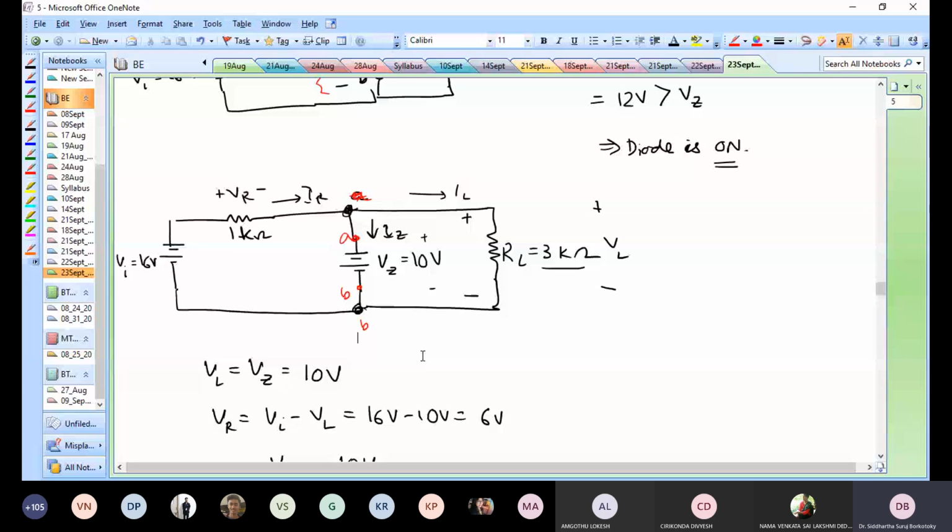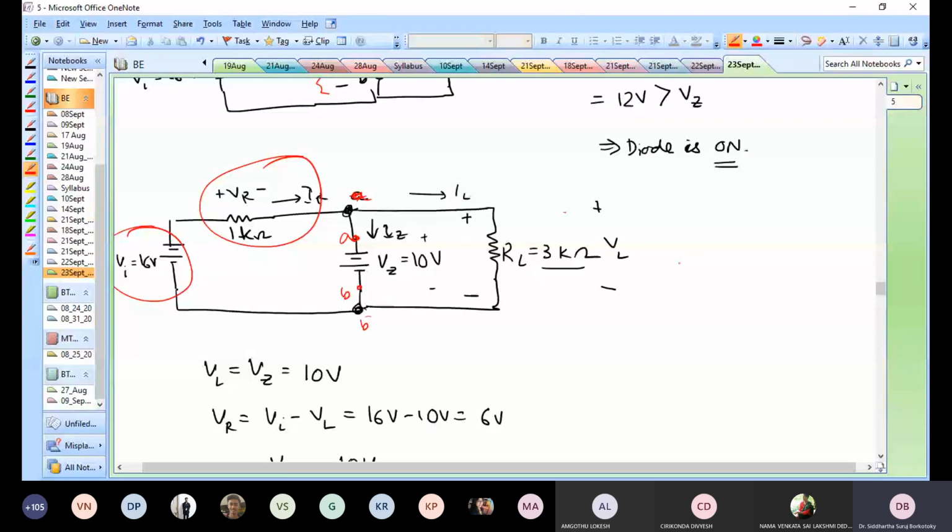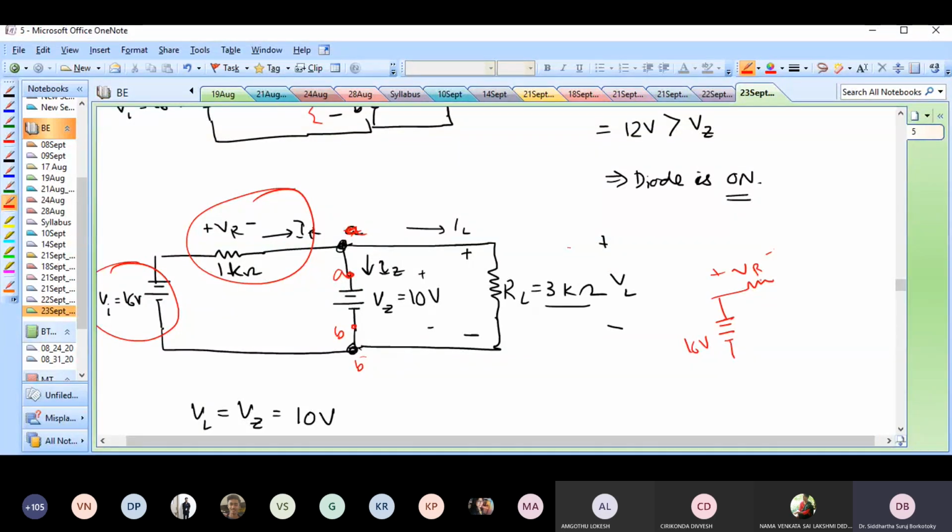Now I can find out the voltage across this series resistor, VR. What is VR? It's just simple KVL. KVL says VI minus VL is VR. If you treat this whole side as a black box, you have 16 volts in here, you have some VR in here, and then you have these two terminals A and B, and that voltage would be 10 volts.